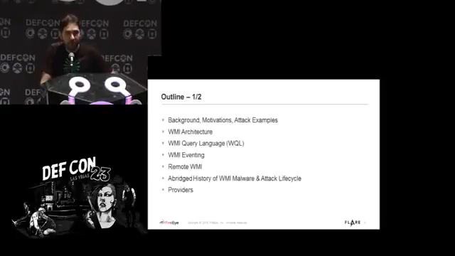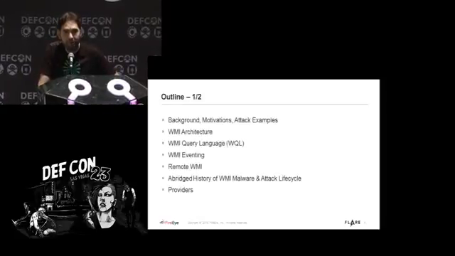Since we have to cover a lot of information in this presentation, the outline is 2 pages long, so bear with me, please. First we start with background, motivation, and attack examples. We go into the WMI architecture and the WQL query language. We follow up with eventing and remote WMI, and a brief history of WMI attacks from the malware perspective.